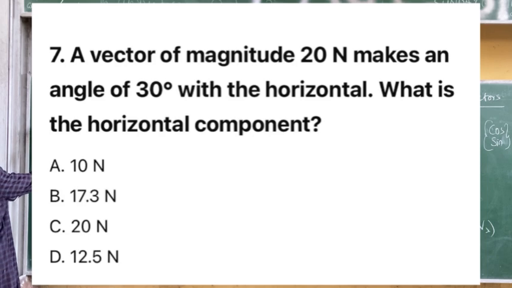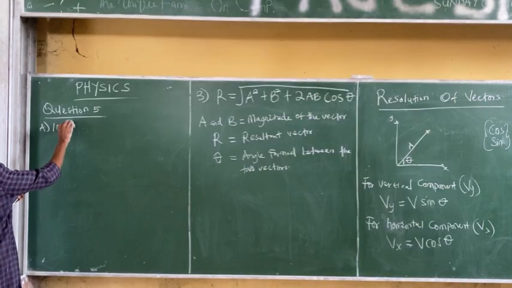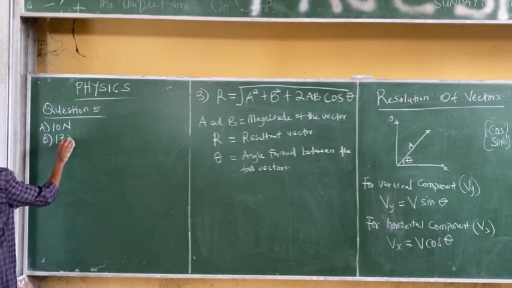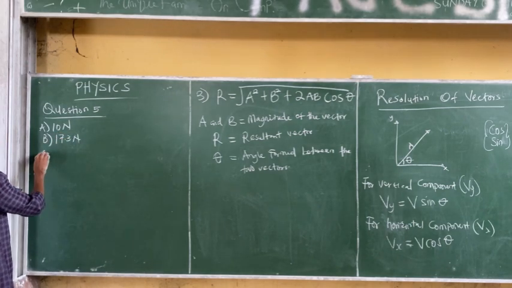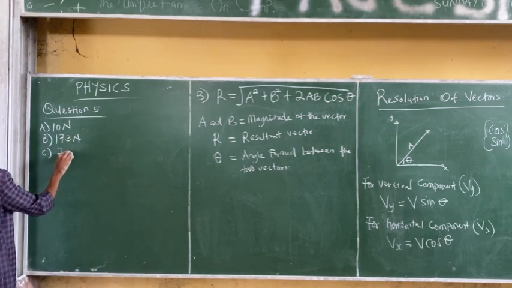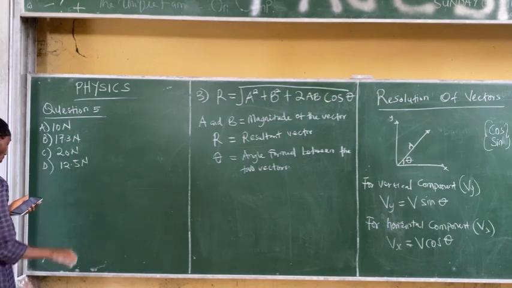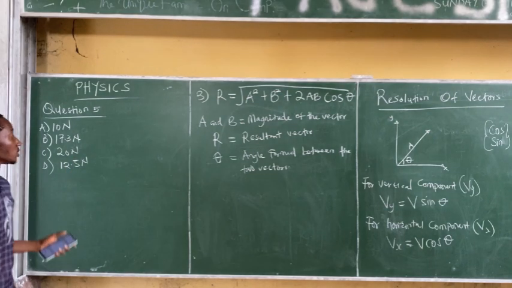Option A is 10 newtons. Option B, they gave us 17.3 newtons. Option C, 20 newtons. And option D, we have 12.5 newtons. Now let's solve this question together.